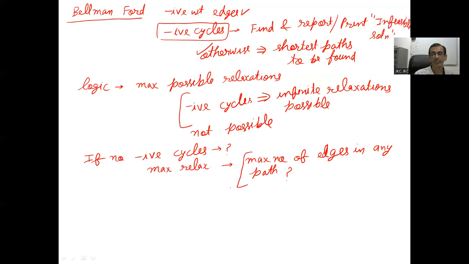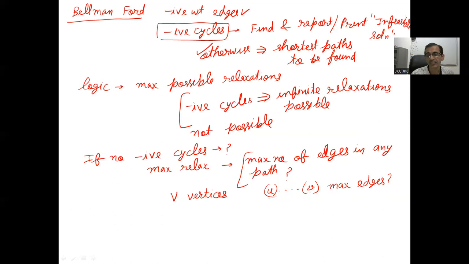Then if I say there are V vertices in total, then can you tell that from some vertex U to some vertex V, what maximum edges can this path contain? Well, the answer is probably in your mind, but I'll explain.